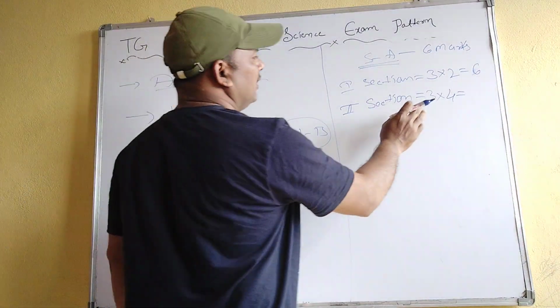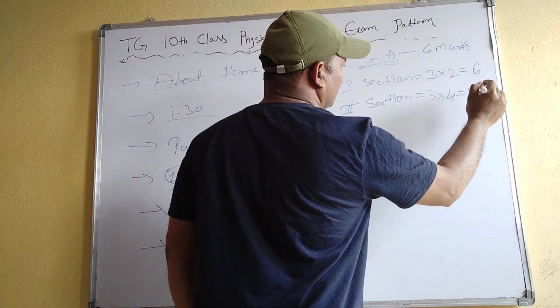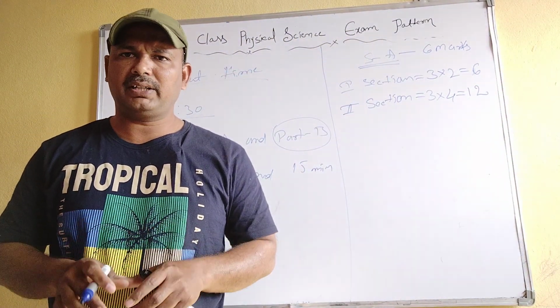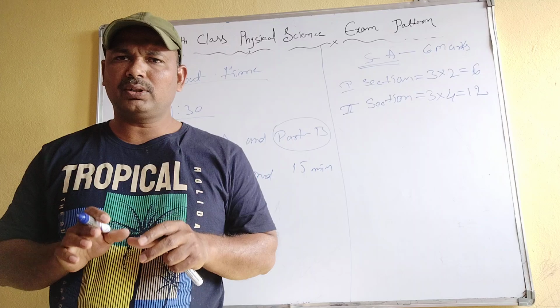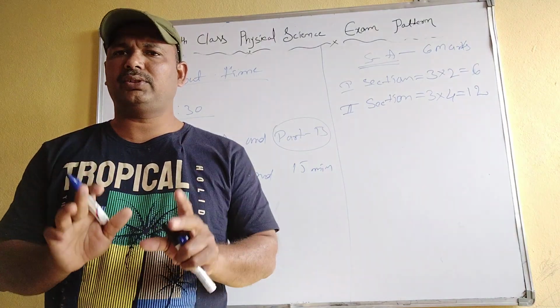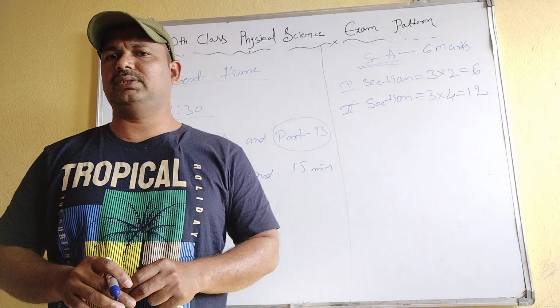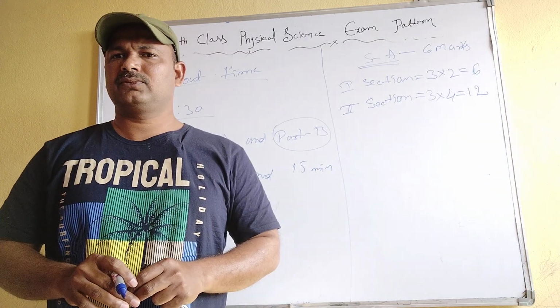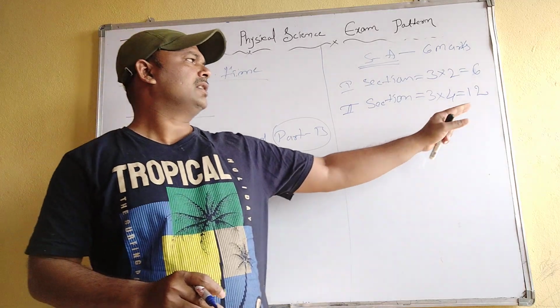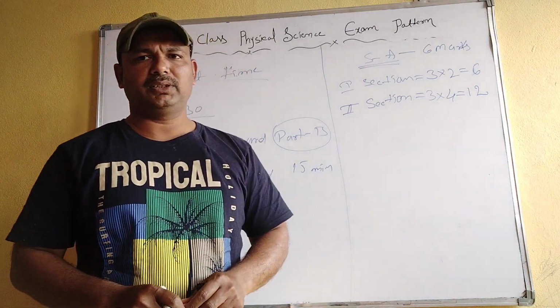That means 3 into 4 is equal to 12 marks. In the second section of part A, the total questions are 3, and you have to attempt all 3 questions. So section 2 has 12 marks.